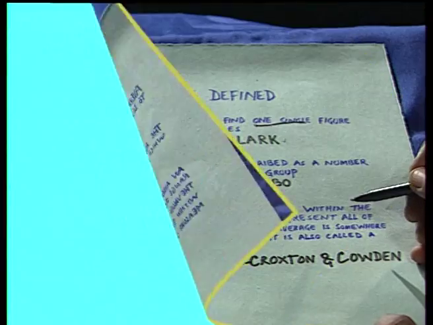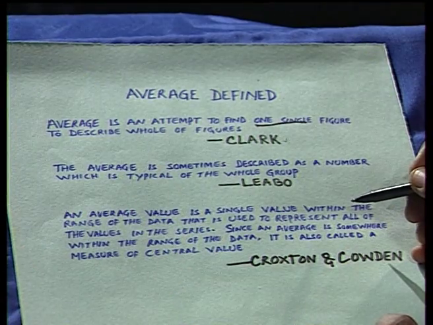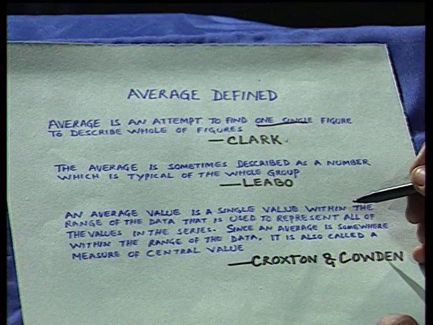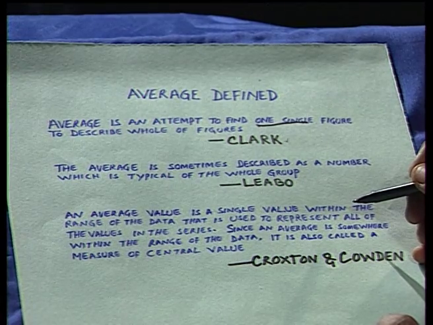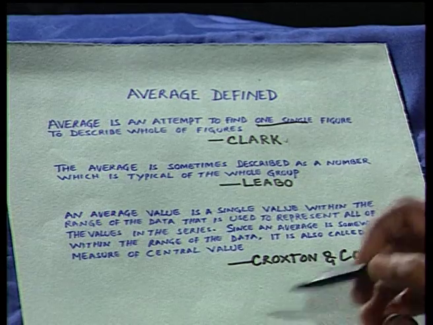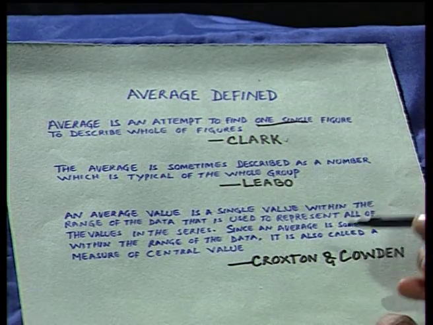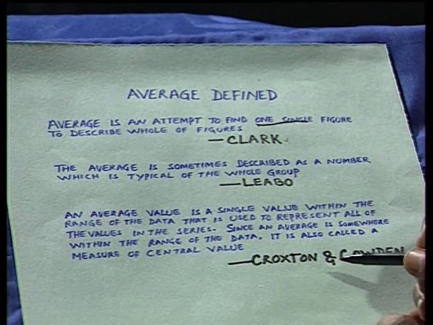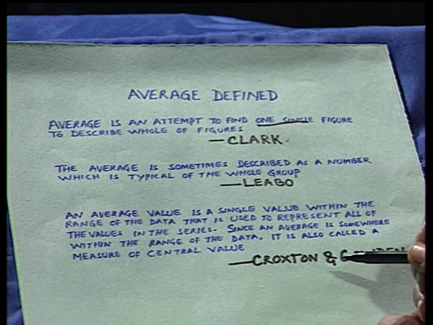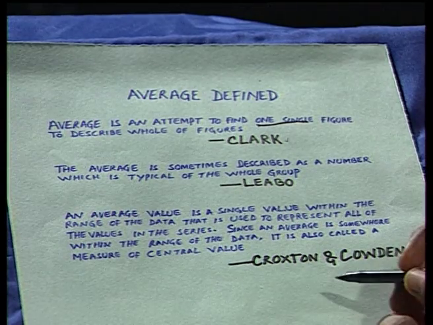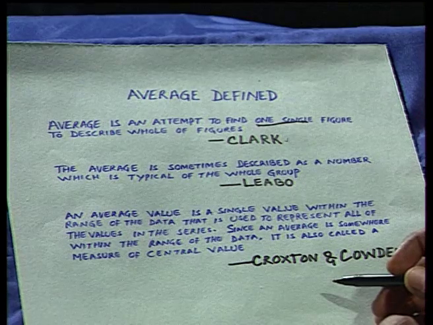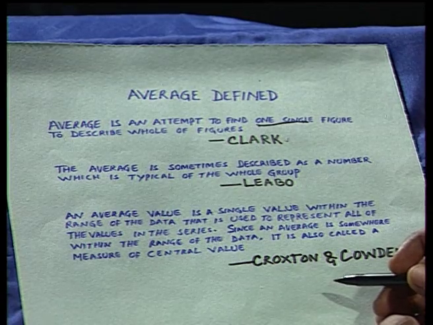Further, Croxton and Cowden have defined the term average as a single value within the range of the data that is used to represent all of the values in the series. Since an average is somewhere within the range of the data, it is also called a measure of central value.